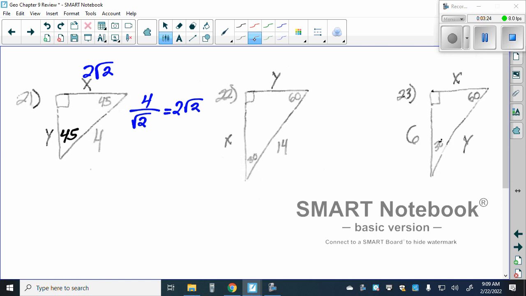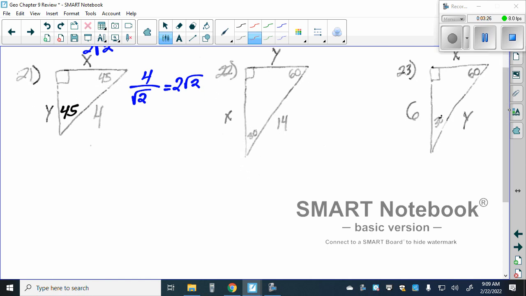We could have also done this using sine, cosine, or tangent, saying sine of 45 is equal to the opposite side over the hypotenuse. The hypotenuse in this case is 4. And the opposite side, we can call it x.